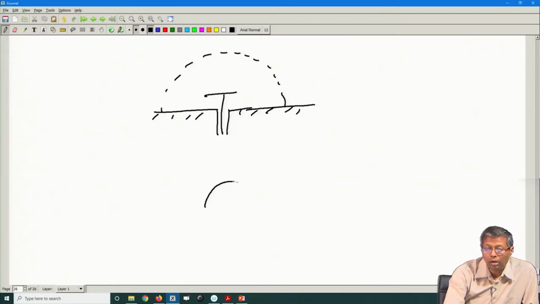Or a dielectric resonator antenna. I want to find the power radiated.